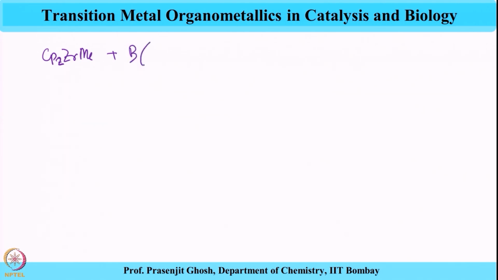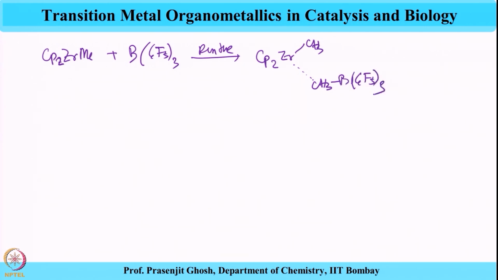So, now instead of aluminum it is boron, B(C6F5)3 in pentane, which gave Cp2 zirconium methyl cation, loosely interacting with CH3B(C6F5)3.